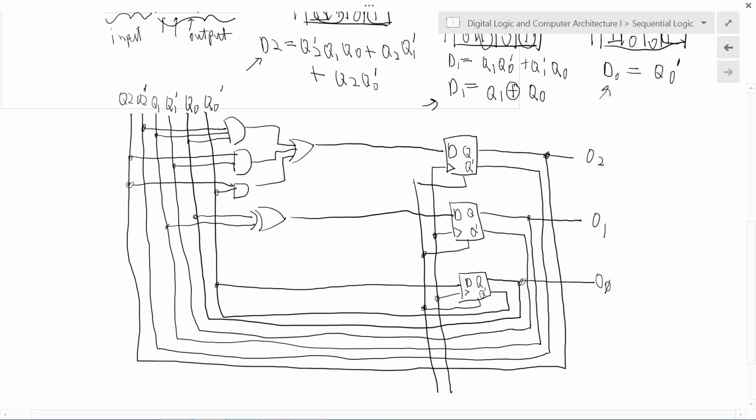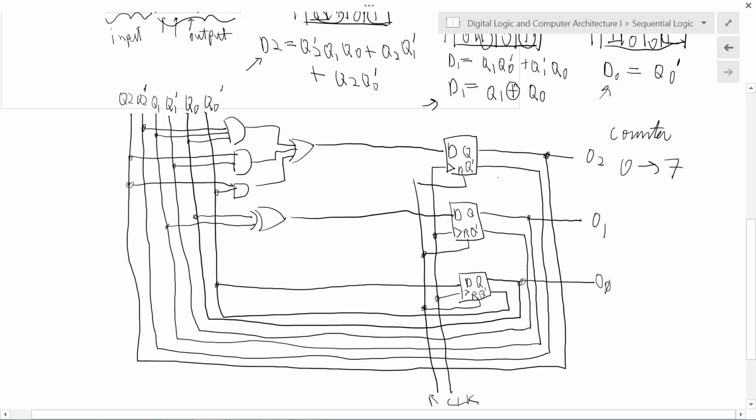Call that R for reset, reset, and reset. And the set signal is left off. So R and clock. And we have now a counter circuit that counts from 0 to 7 and wraps around.